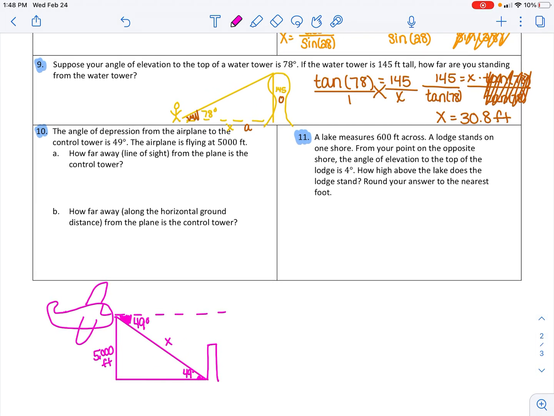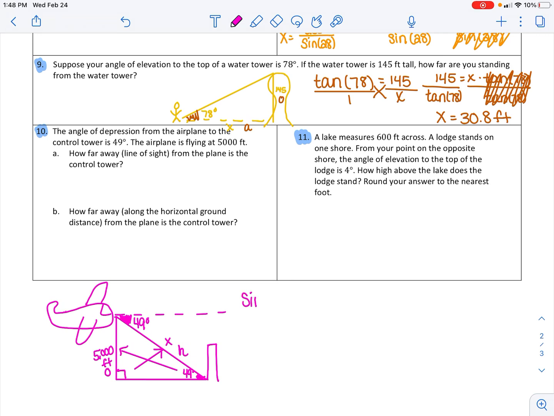If I am looking at 49, I can look across from that, and I have my opposite side, and then across from that 90-degree angle, I have my hypotenuse. So I'm going to be using sine to figure out the line of sight from the airplane to the control tower.